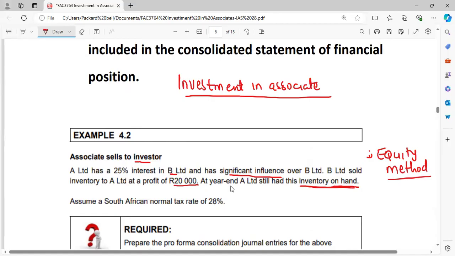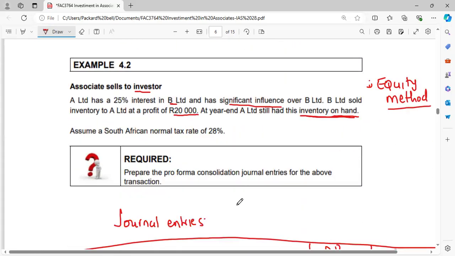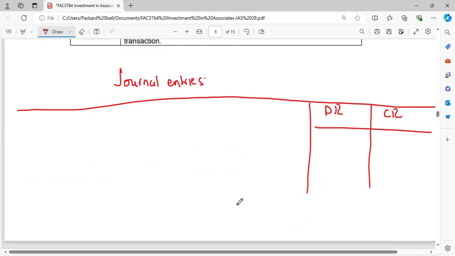Which two accounts are going to be affected? Cost of sales of the associate, cost of sale. Are we going to call it a cost of sale?